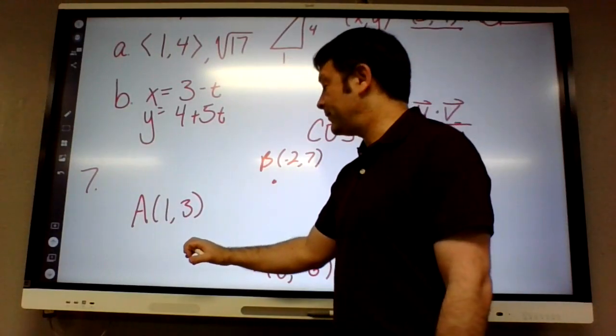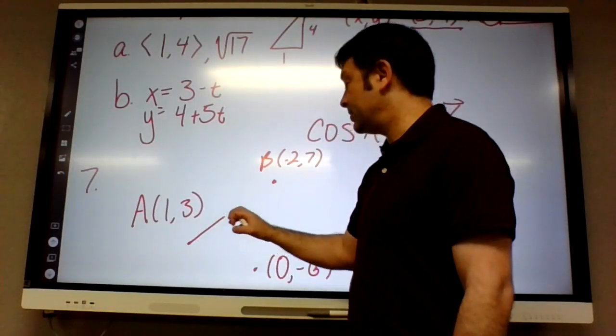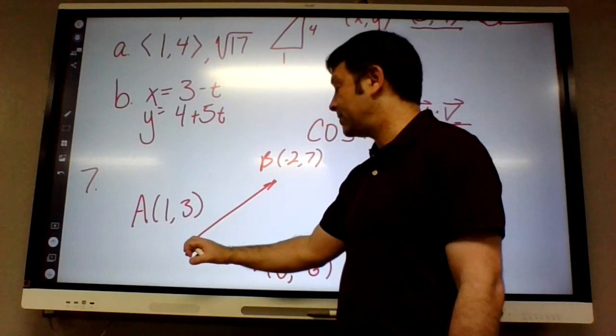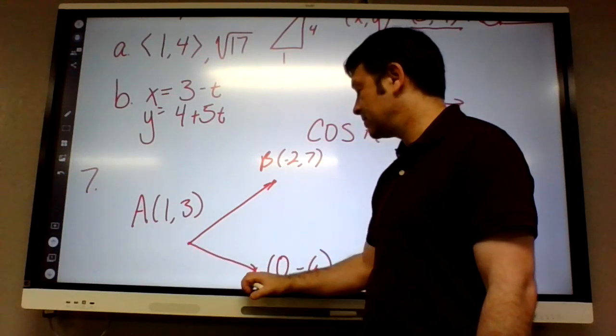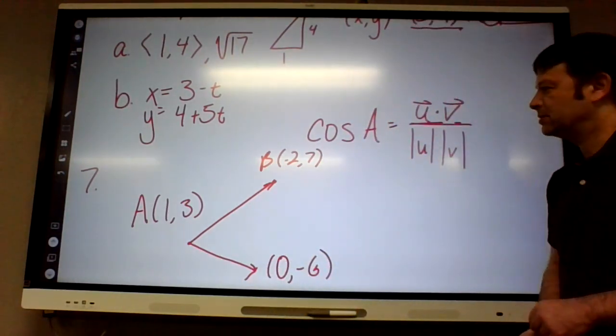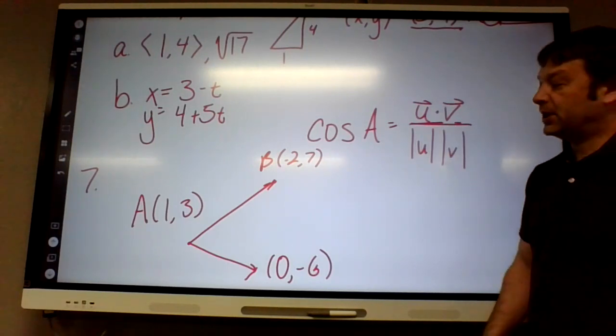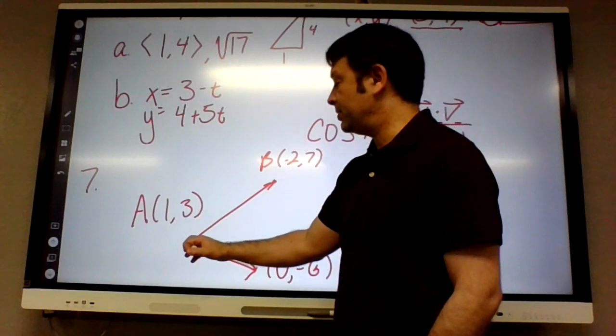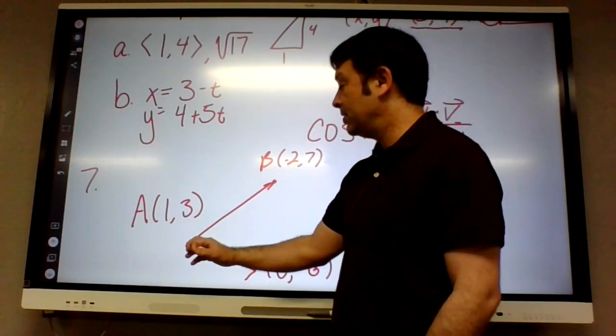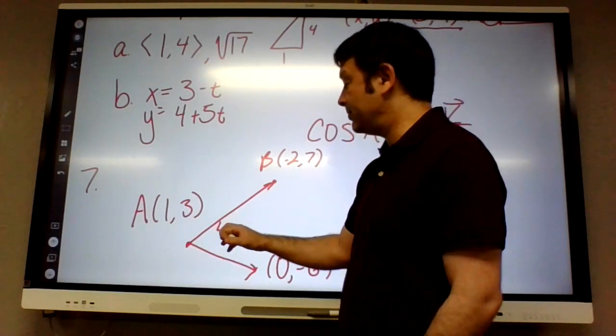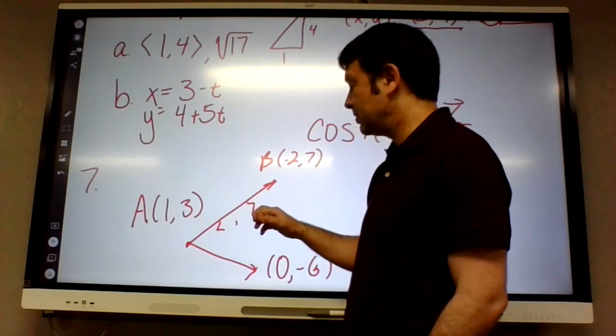So what we need to do first to find angle A is find the vectors that create those two angles. If A is at (1, 3) and B is at (-2, 7), what would this vector right here be?